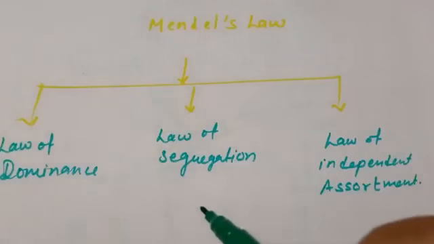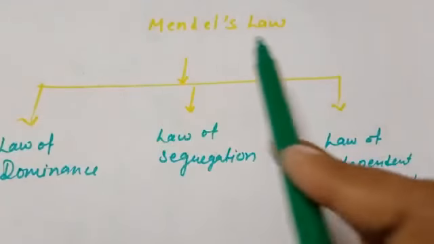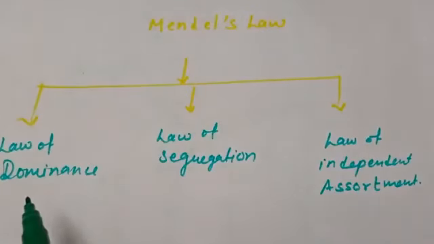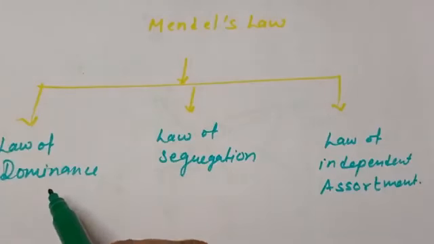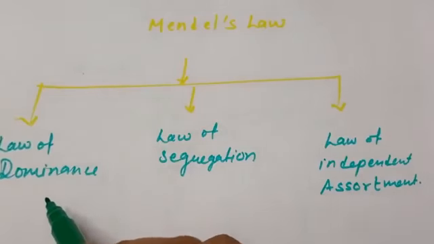So Mendel's work was concluded in the form of three laws, and they are called Mendel's laws of genetics. The first law is called the law of dominance. This law says that when crossing between organisms occurs for contrasting traits, only one character of the pair expresses itself in the first generation, and the character that expresses itself is called the dominant one.